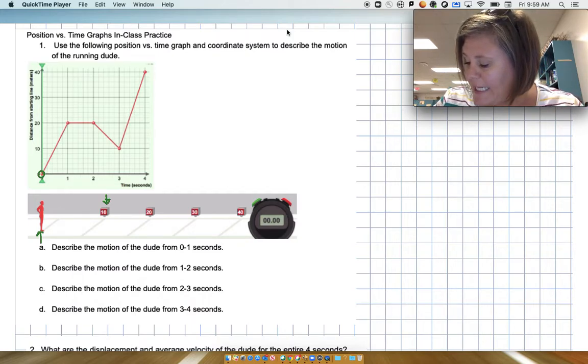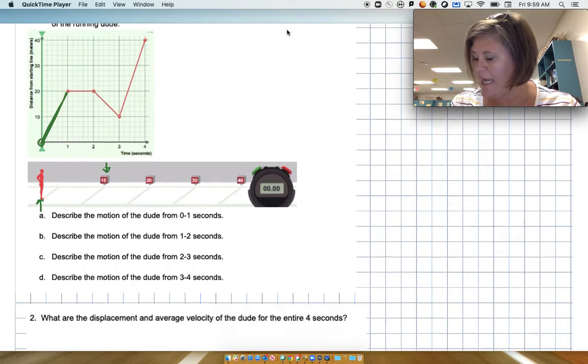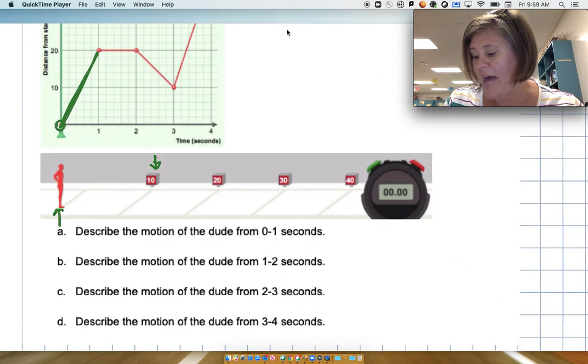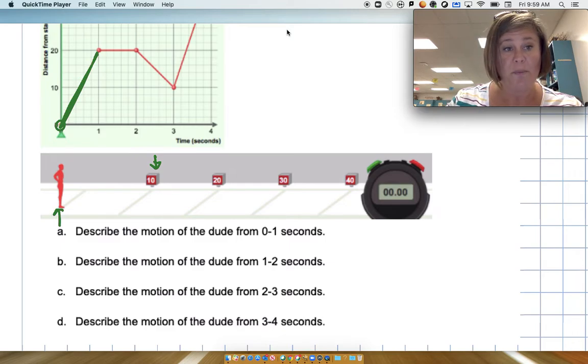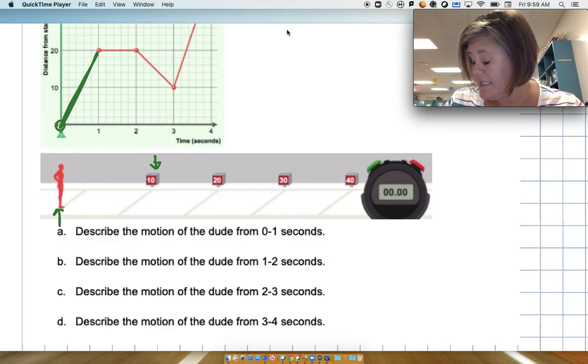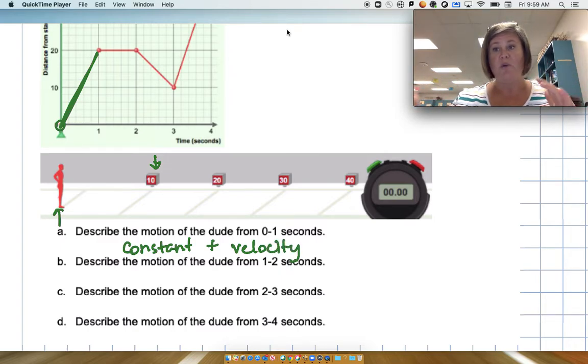So for the first second, that's this part right here, okay? And you can see we have a constant positive slope, which means that for the first 1 second, the guy is moving with a constant positive velocity. So he's moving off with a uniform speed or velocity in the positive direction for the first 1 second, okay?